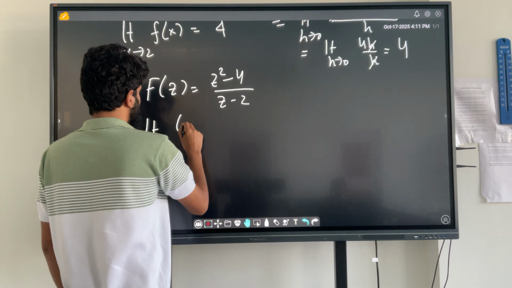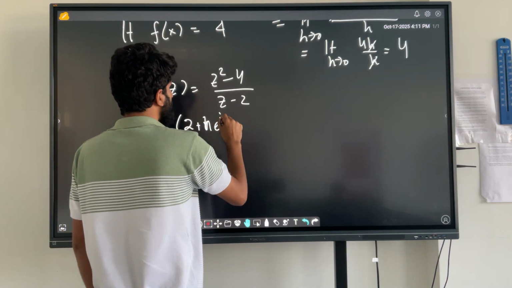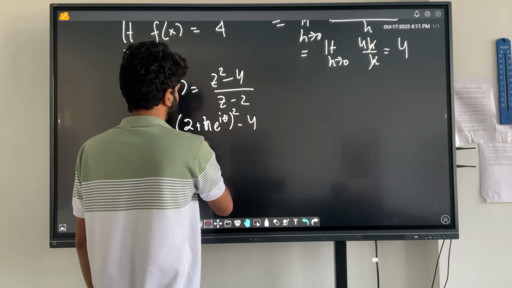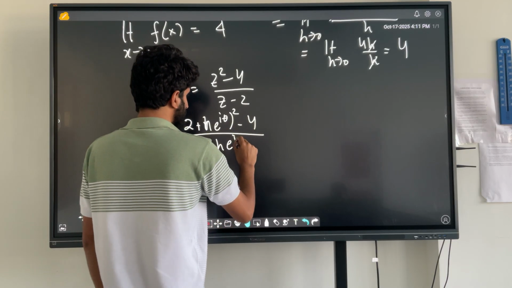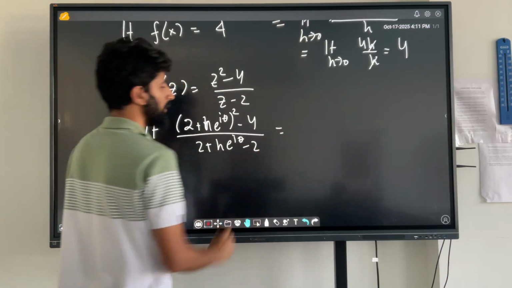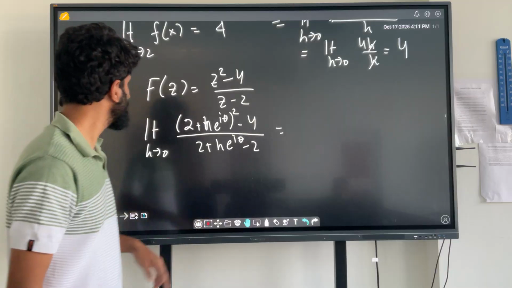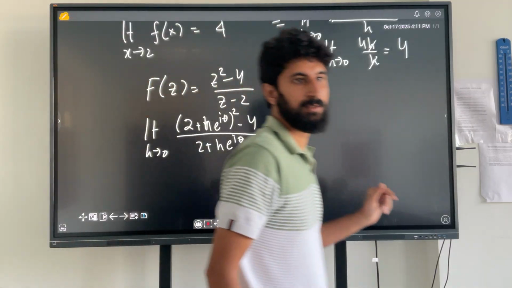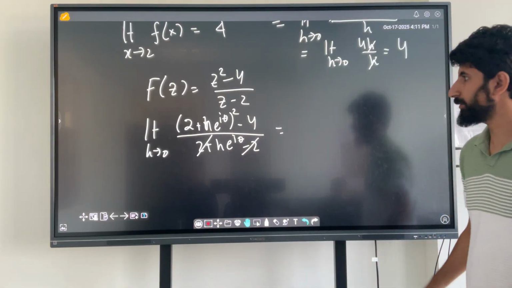So, 2 plus h e power i theta, squared, minus 4, divided by 2 plus h e power i theta minus 2. Now what does this give? 2 and 2 will go. What do I get?